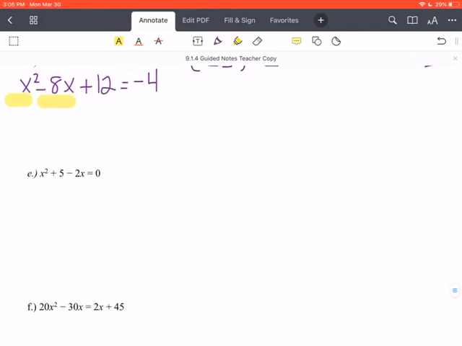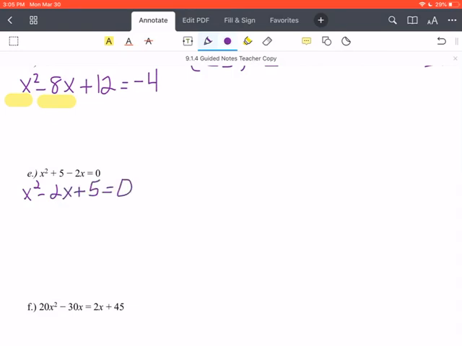Okay, this next one, they're kind of trying to trick us into having it not be in standard form. So we have x squared minus 2x plus 5 is going to look better. And you might say, those are nice, whole, small numbers, Miss Steffen. So let's go ahead and try ZPP.